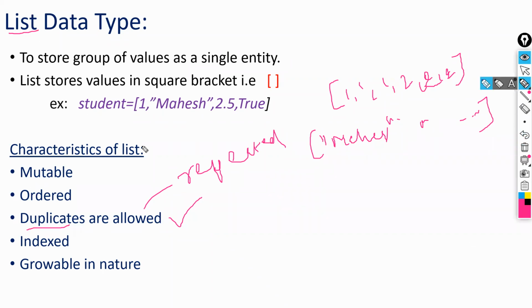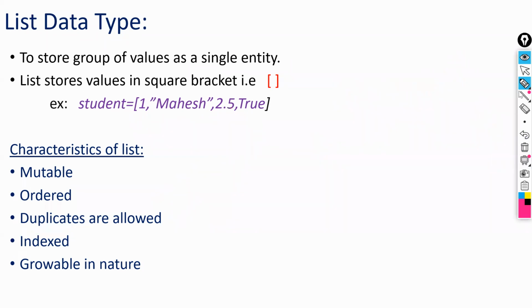And already I have explained, it is indexed. What do you mean by indexed? Simply by giving an integer number, we can access the elements in the data type, like 0, 1, 2, 3. If I want to retrieve the 2.5 value, simply I'll take index number 2. And growable in nature. What do you mean by growing?